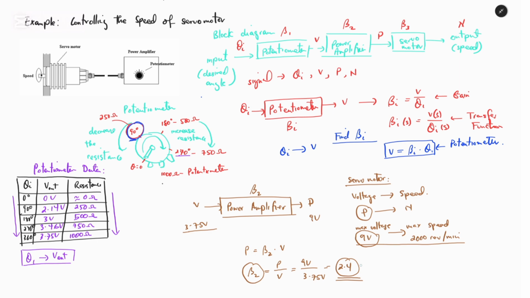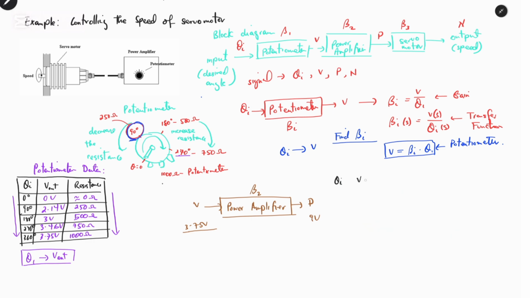We can also draw the relationship in a table, since this power amplifier is designed to have a gain of 2.4. Theta, V, P, and N, we can now discuss using this table.